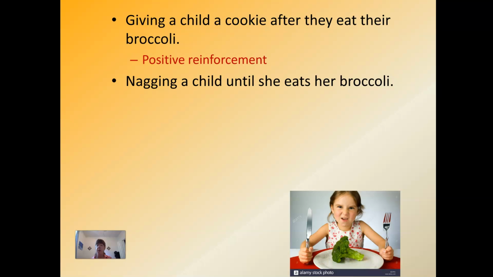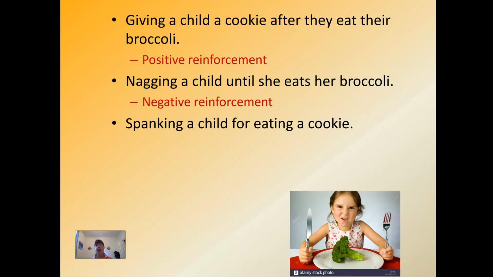So you're increasing their broccoli eating by taking away a stimulus, so it's negative reinforcement. It's negative because you take away the nagging after they eat the broccoli. The removal of the nagging is contingent on their eating the broccoli. The only way they can get rid of that nagging is to eat their broccoli. So they will increase a behavior to get rid of a stimulus. They want to avoid your nagging by eating the broccoli.